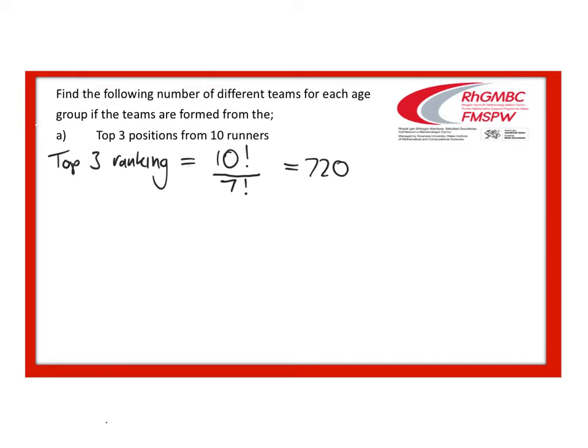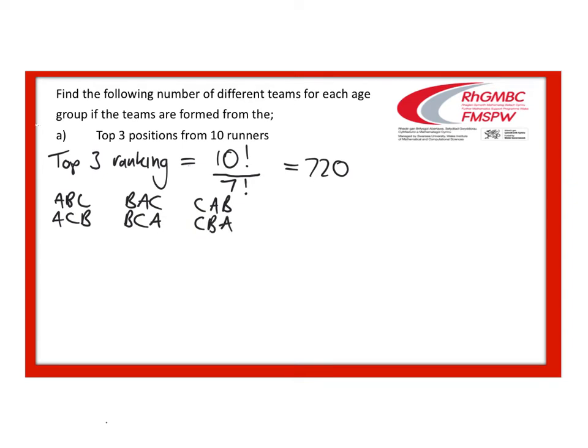But actually, what we want to pay attention to here is that when we make this team, if we imagine Alice, Bethan and Claire are in the top 3 positions, I don't care what order Alice, Bethan and Claire come in. Now, Alice, Bethan and Claire could come in Alice, Bethan, Claire; Alice, Claire, Bethan; Bethan, Alice, Claire; Bethan, Claire, Alice; Claire, Alice, Bethan; or Claire, Bethan, Alice. 6 different ways.